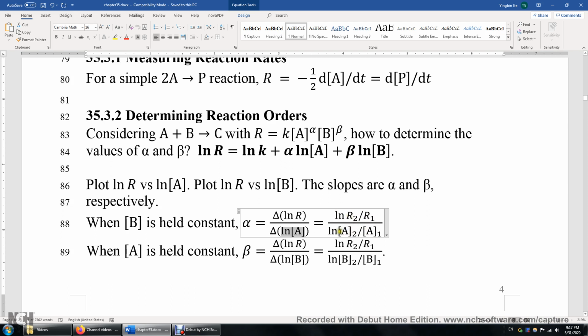And then after this division, you will obtain the value of alpha. Similarly, if you hold the concentration of a constant and use two different concentrations for b, determine the two different reaction rates, you will be able to determine the value of beta. And again, alpha plus beta is the overall order of this chemical reaction mechanism.